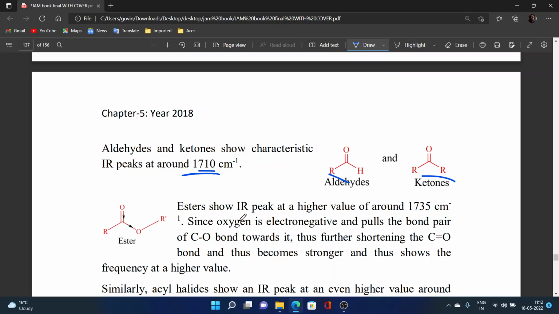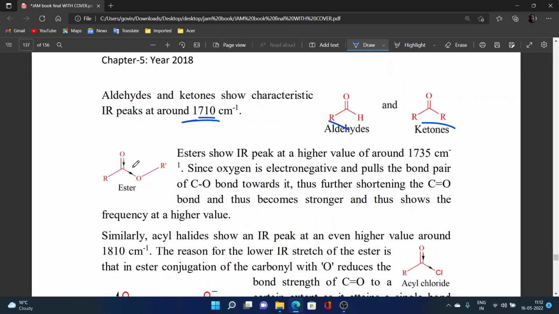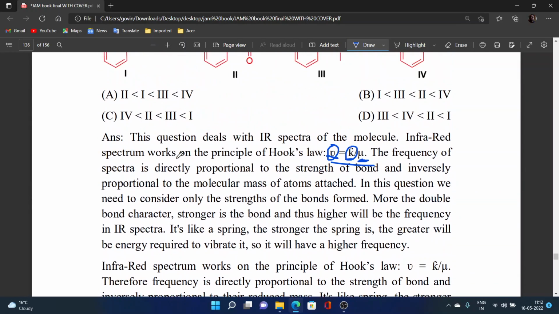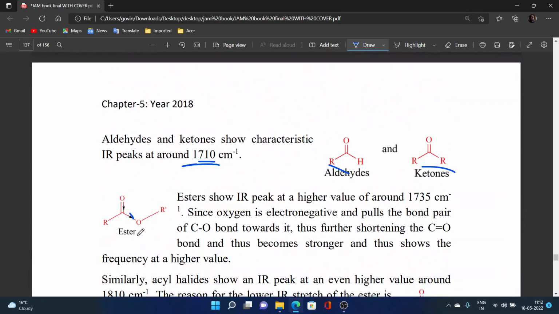Okay. Now looking at the esters. Did I talk about acyl halide? Okay, I have not talked about it. In ester, what happens? Oxygen is there, which pulls electrons by its electronegativity, by the minus I effect, and for some reason conjugation doesn't work much here, but it pulls electrons, and because it pulls electrons, it makes the bond stronger.